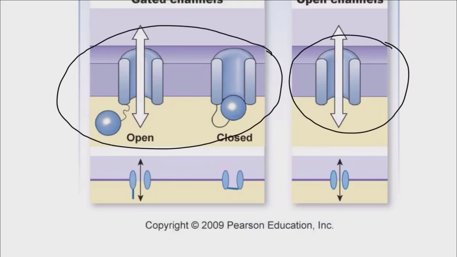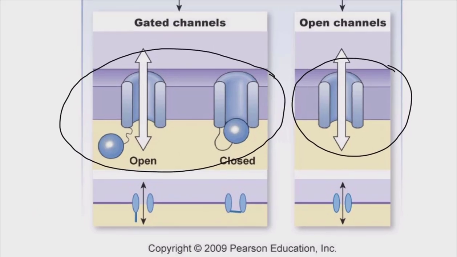Channel proteins are built one way or the other. They are either built as open channels, and sometimes we call these leak channels, or they are built as gated channels. You can't decide one day I'm going to be an open channel and tomorrow I'm going to be a gated channel. You either come one way or another. The advantage of a gated channel is that a gated channel can be closed, and therefore you can stop the flow of whatever that particular substance is.